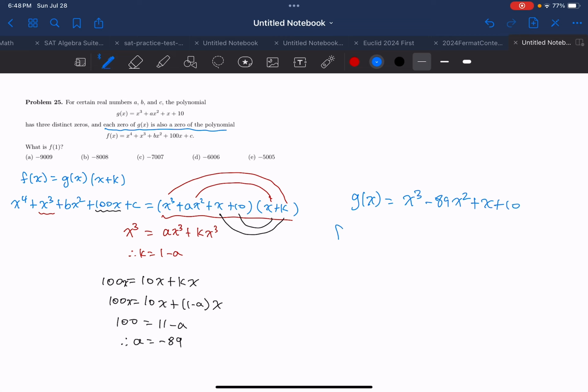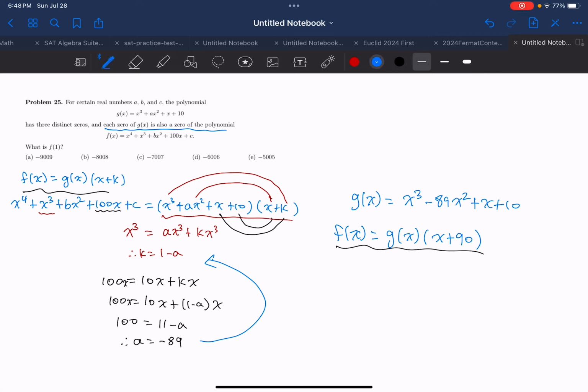And we know that f(x) is equal to g(x) times x plus k, which is the same thing as x plus 1 minus a, and x plus 1, and since a is equal to minus 89, we just simply plug it in and we get plus 90. And this equation came from here as well.